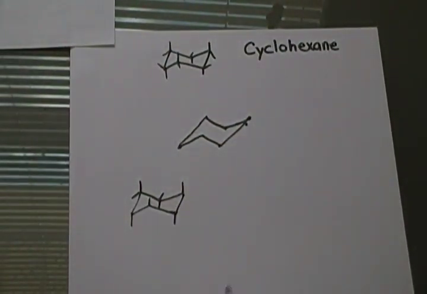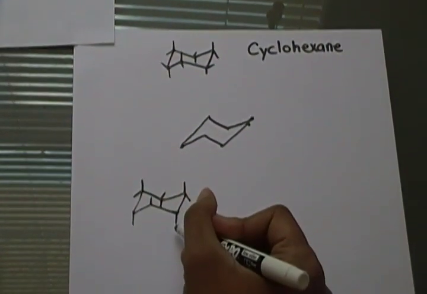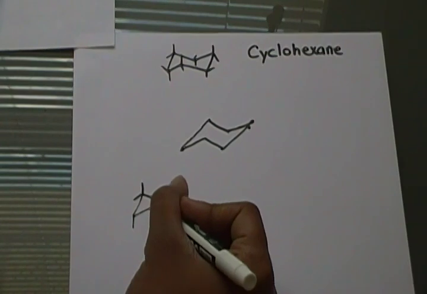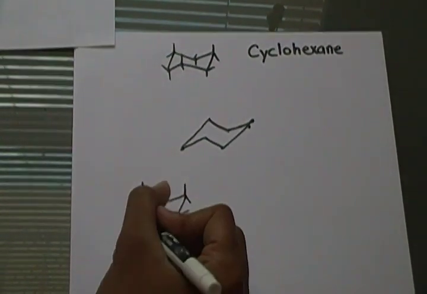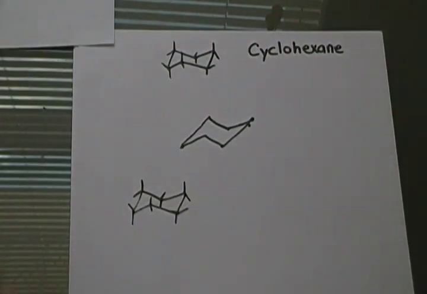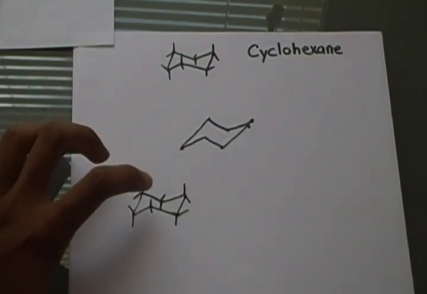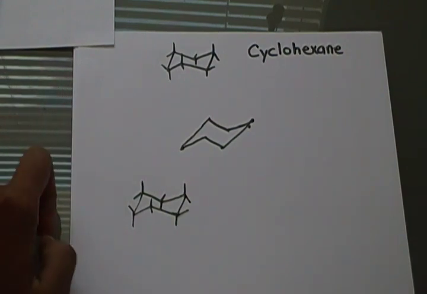And you keep on going. So up axial, down equatorial, down axial, up equatorial, and again up axial, down equatorial, down axial, up equatorial. And that's basically it. That's how you draw it.